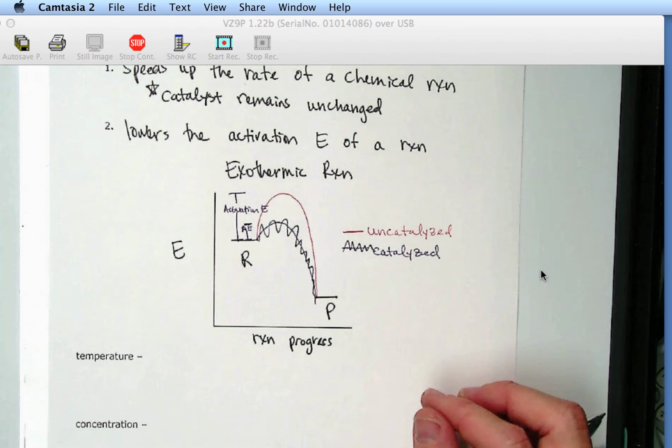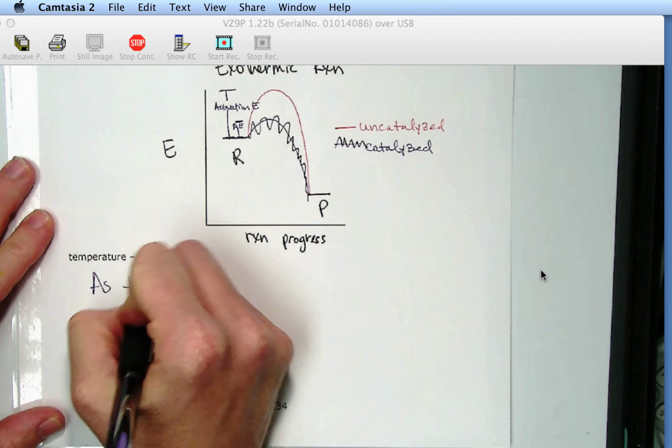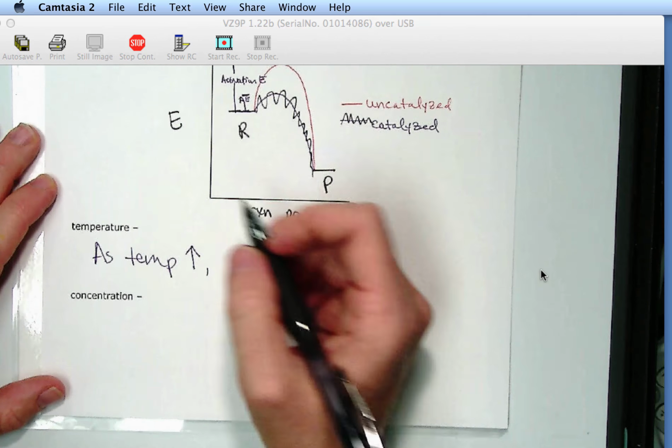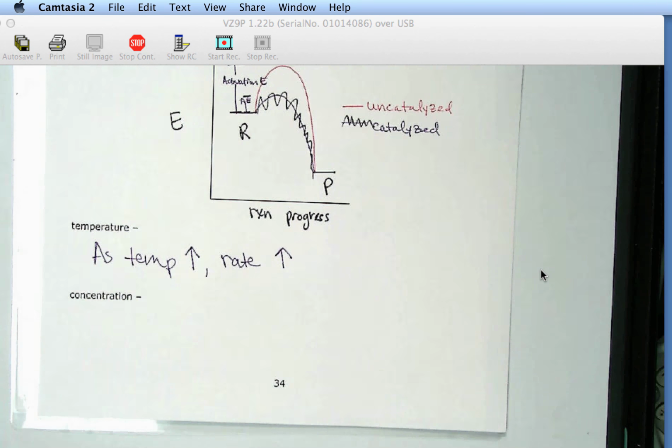What about temperature? You increase the temperature, what do you think happens to the rate of a reaction? What's that? Faster. So as temp is increased, rate increases. And you can think about this with your produce. If you buy vegetables and you just leave them out at room temperature, they're going to start rotting a lot faster than if you put them in the refrigerator, which is a lower temperature, that will slow down the decomposition of these vegetables.